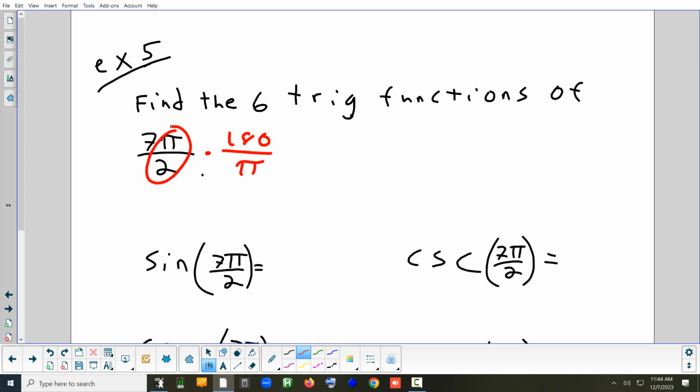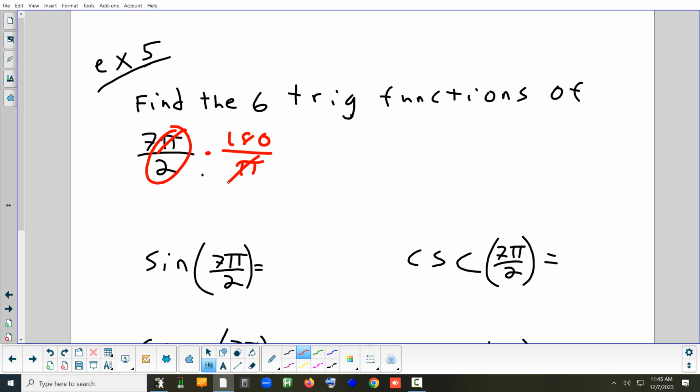This is the conversion from radians to degrees. So if we do it the way I showed you without using a shortcut, it's multiply by 180, divide by pi. Pi's cancel.